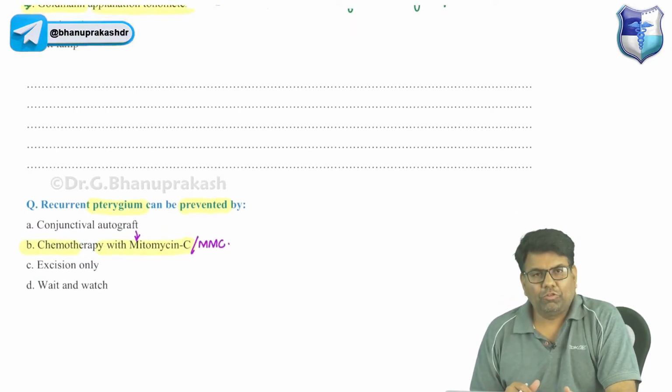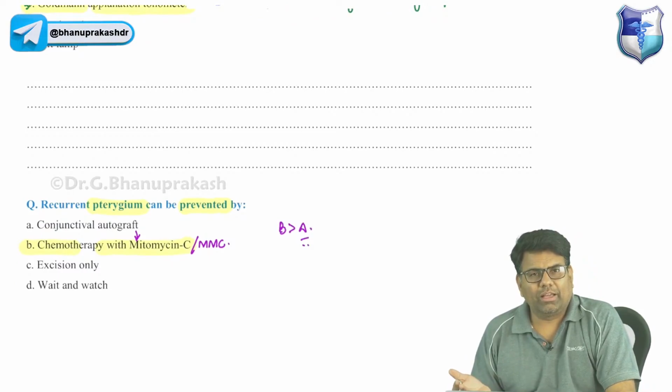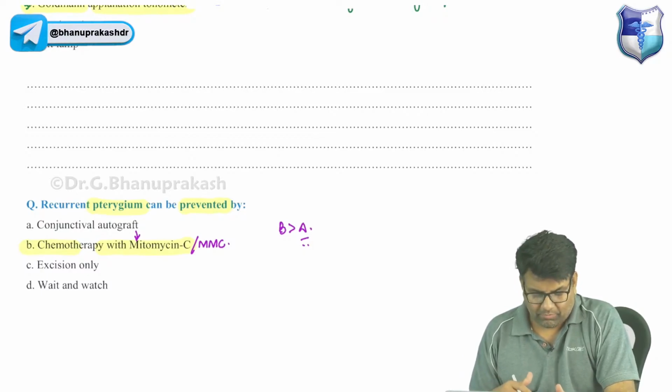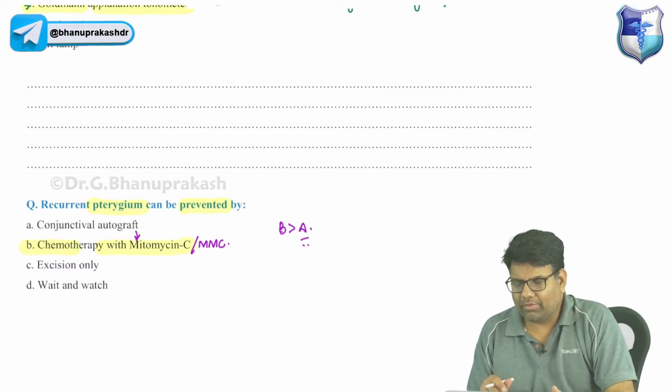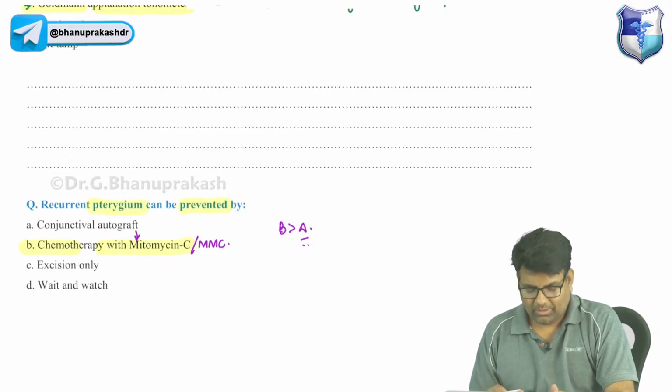But if you have to choose between A and B, then B is a better answer than A, because A alone will lead to recurrence again. There is possibility of recurrence with autograft alone. Yes, if we do both together, then that's better. But if they are given as separate entities, then obviously mitomycin C should be given preference over the surgical procedure alone. Clear?